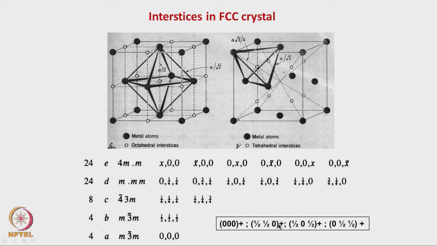If we add this to these equivalent positions in the lattice, then we will be able to generate all the positions where atoms can be kept. This could be interstitial or this could be another atom. This is how most of the lattices, ordered lattices, are generated.